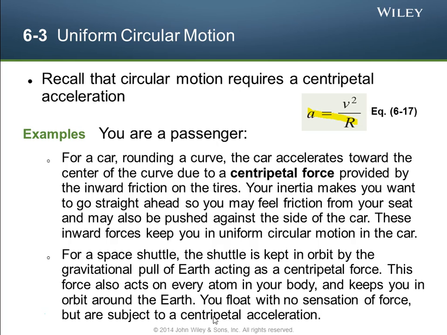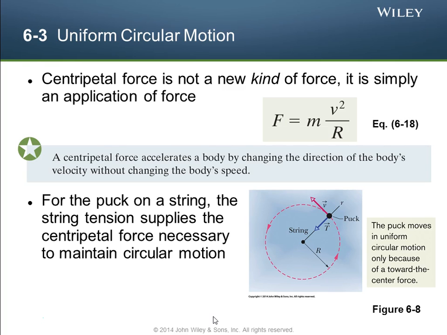So centripetal force is simple in a way, and yet it's a little tricky in identifying what you will classify as centripetal. So if we want to look at the force that causes this circular motion, or the centripetal force, we can find that by taking our acceleration and multiplying by the mass, and we get mv squared over r.